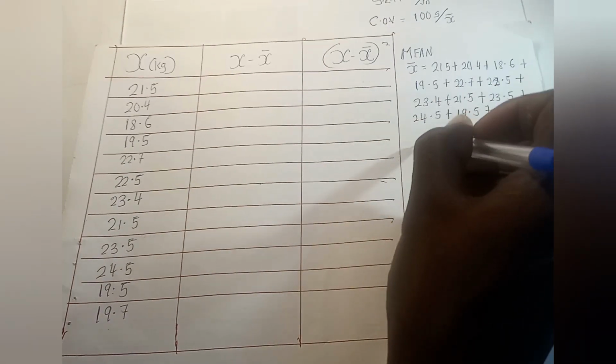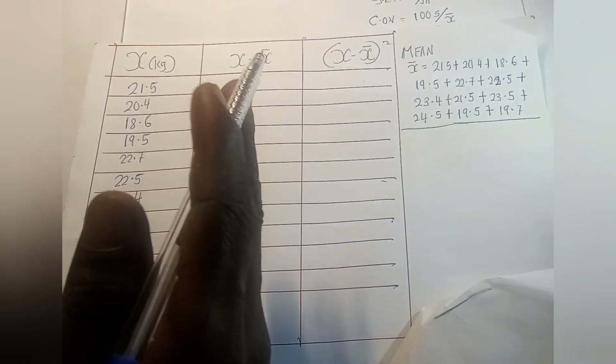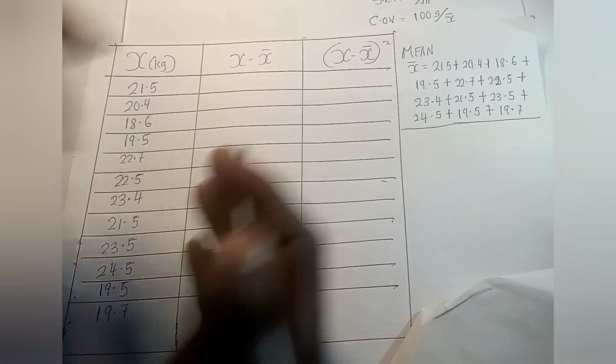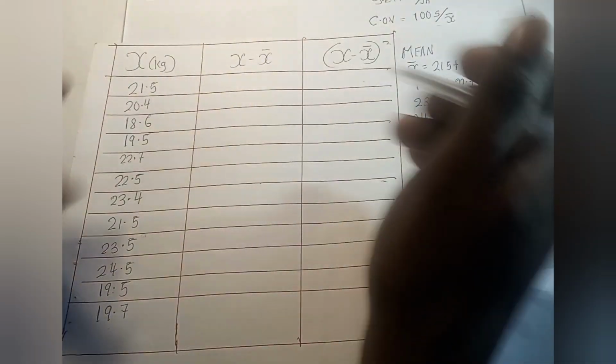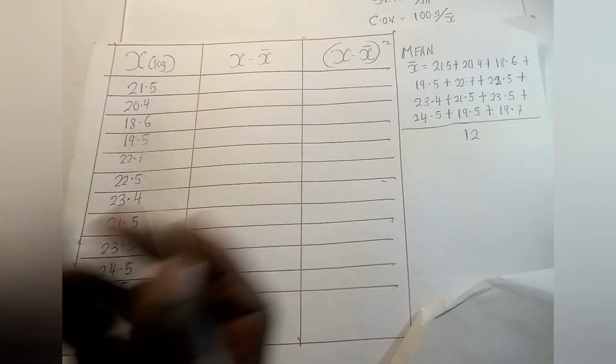All these, when I add them together, divided by the count, which is 12. I will do it in a straightforward manner.